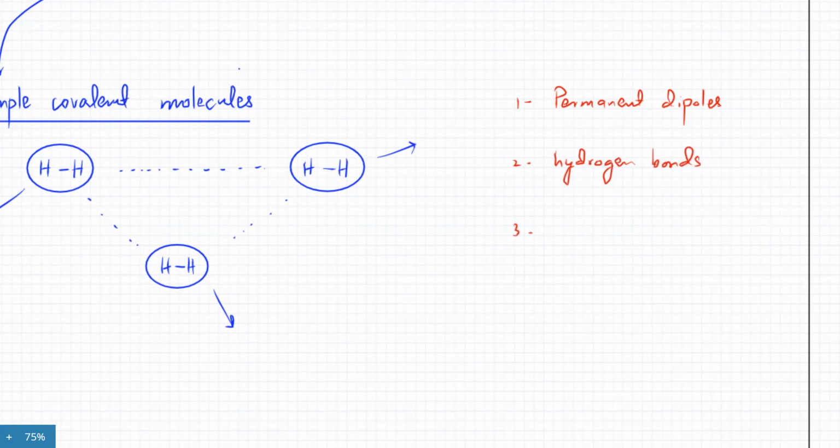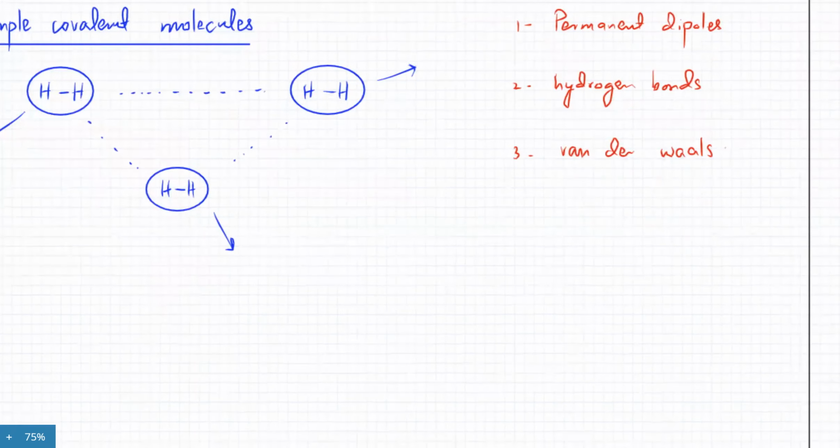And the third one is van der Waals forces.